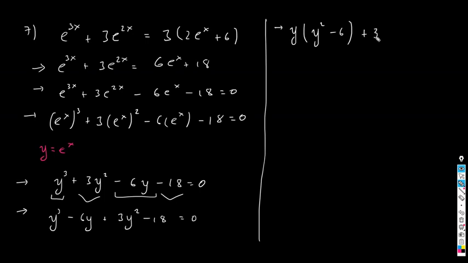So I'm going to write plus 3 that multiplies y squared minus 6 equals 0. You see? So basically I'm factorizing first these two plus the factorization of these other two. This is known as a partial factorization. This is not yet a complete factorization, as you can see, because we have a plus in there.